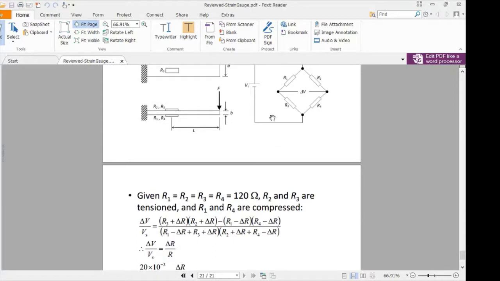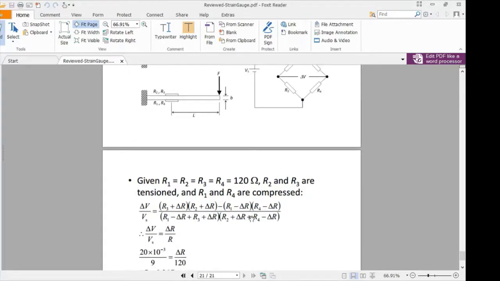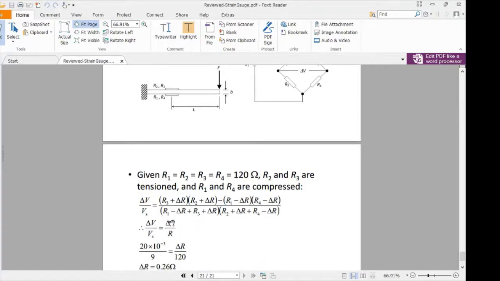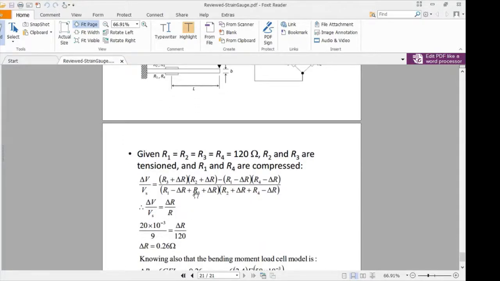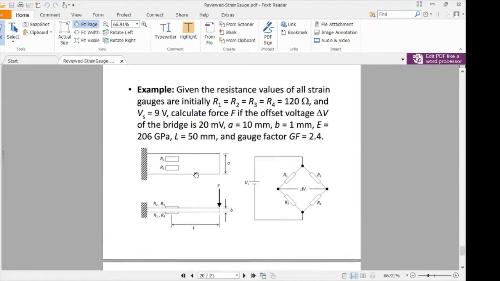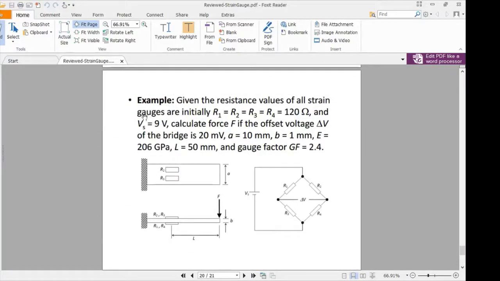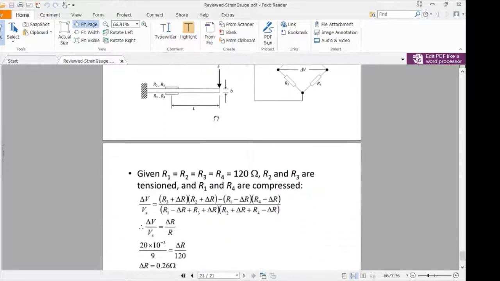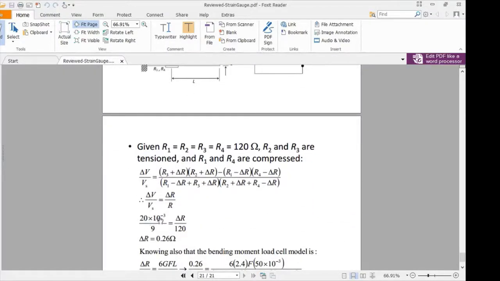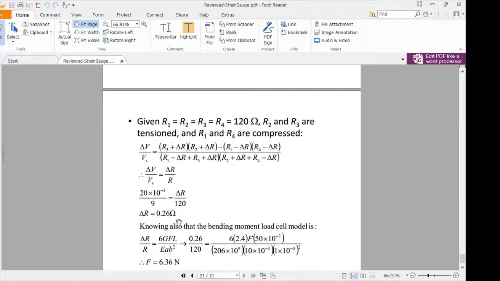R2 and R3 experience tension, so we have a positive delta R, and R1 and R4 experience compression, so we have a negative delta R. Through the derivations here, we know that delta V over Vs will be equal to delta R divided by R. Since the question says that the offset voltage delta V is equal to 20 millivolt, and we also know that the voltage supply is 9 volt, we have delta V over Vs as 20 millivolt divided by 9 volt, and we want to find delta R. The initial resistance is 120 ohm, therefore delta R is 0.26 ohm.